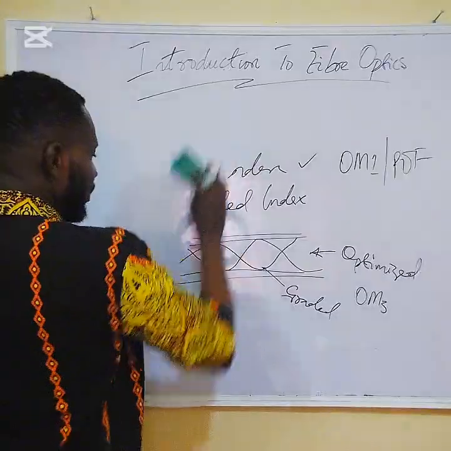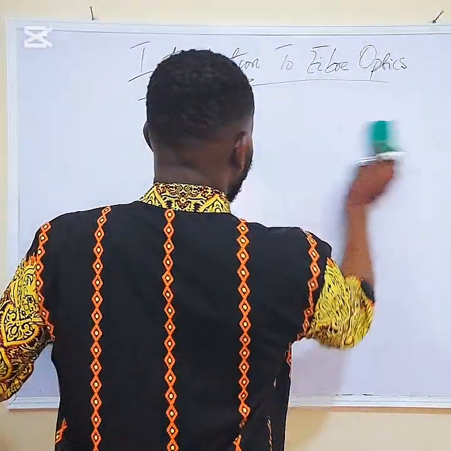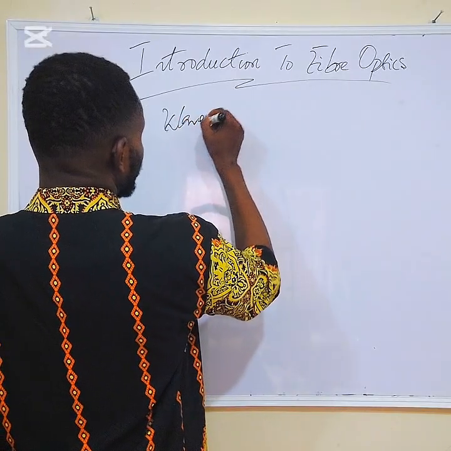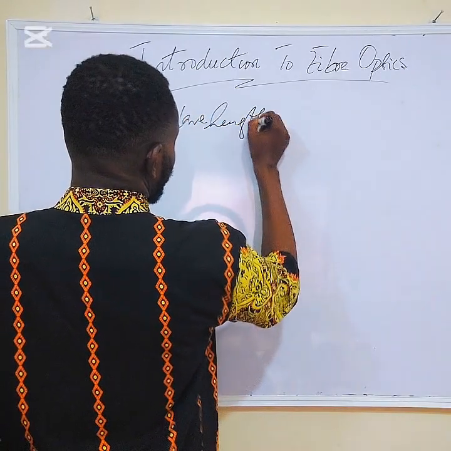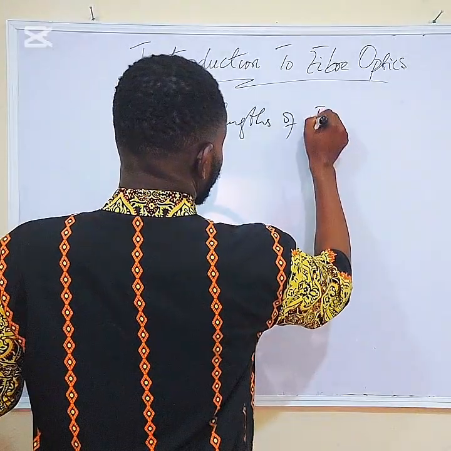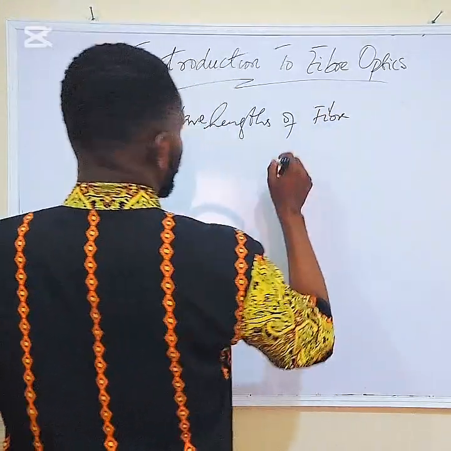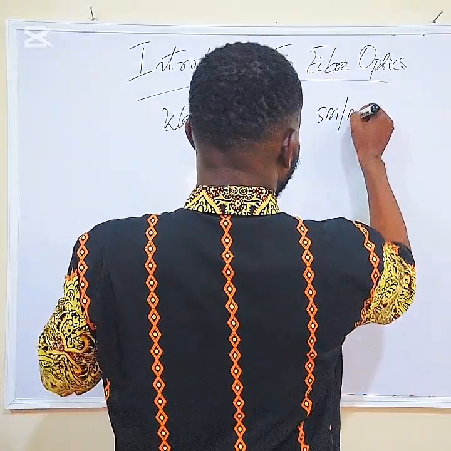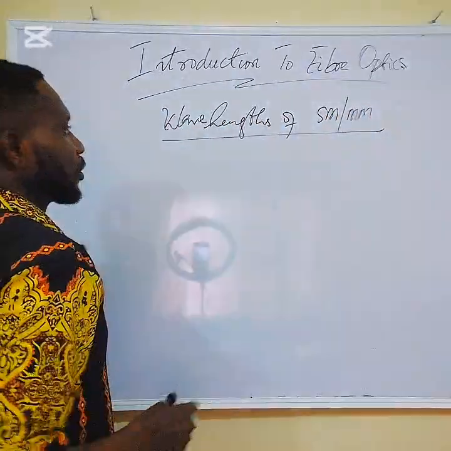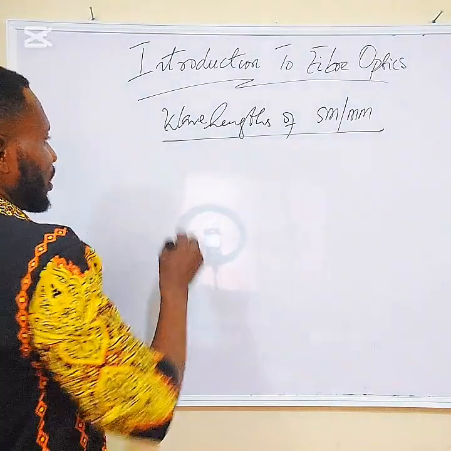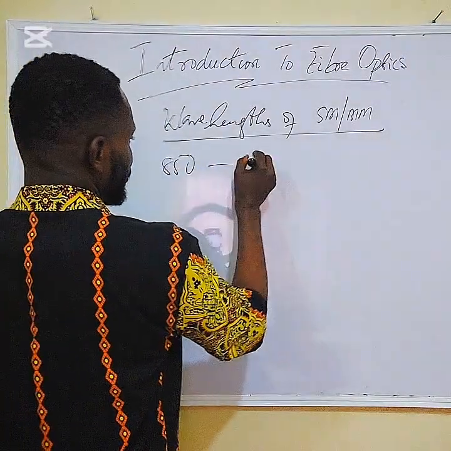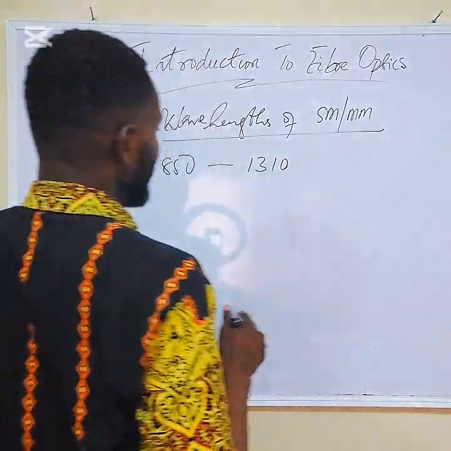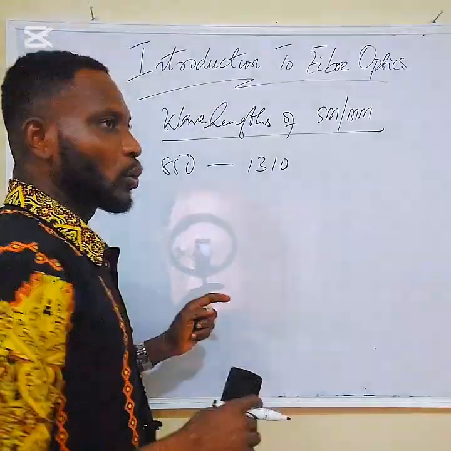Let's talk about their wavelengths. The wavelength of fiber, obviously single mode fiber and multi mode. So we only have from 850 to 1310 here.